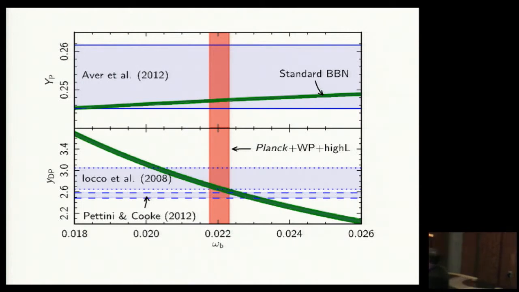But this is deuterium, and this is more interesting. The green bands here are the predictions from standard Big Bang nucleosynthesis, with no additional components, and the standard value of 3.046 neutrinos. The width of the band indicates the uncertainty in the theoretical predictions.